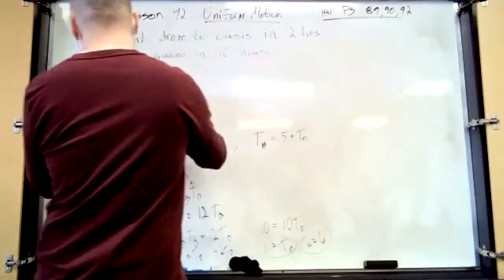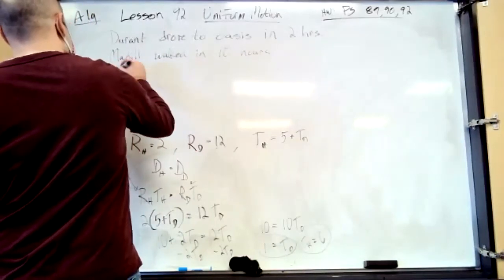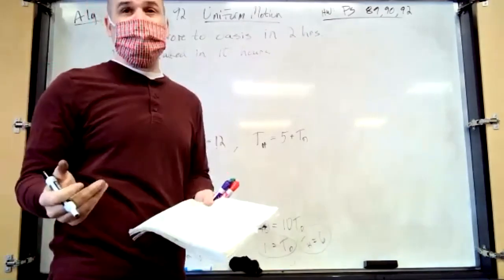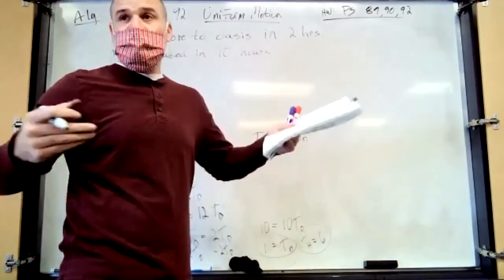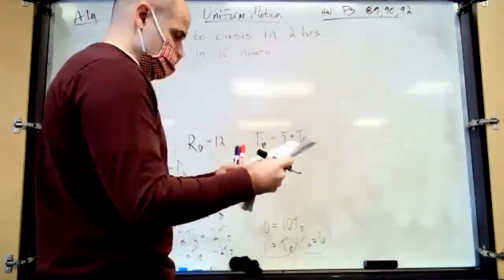All right, how far? So the question you're asking is the distance. So once you get the rate and time, all you have to do is multiply the rate and time by either one of them, and they should get the same distance.